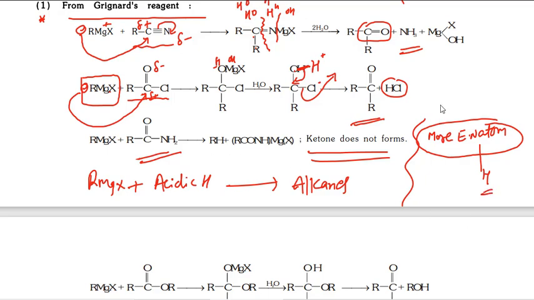Here the more electronegative atoms are generally oxygen, fluorine, nitrogen. So if you take the compounds, those compounds are generally R NH2 or COOH carboxylic acid, even H2O, even alcohols, phenols, these are all compounds.